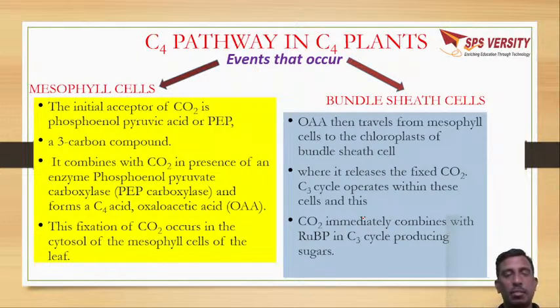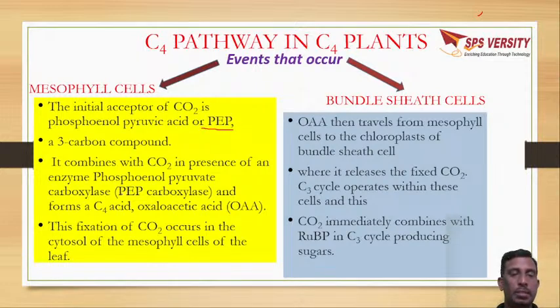If we take the C4 pathway, mesophyll cell में क्या होता, bundle sheath cell में क्या होता? Mesophyll cell में पहला reaction, that is CO2 combining with PEP, it will form a 4-carbon compound. PEP is a 3-carbon compound.